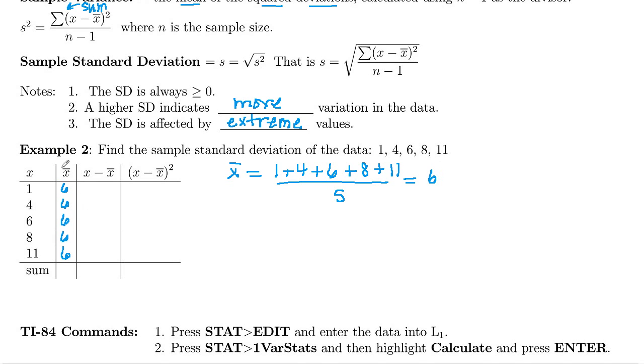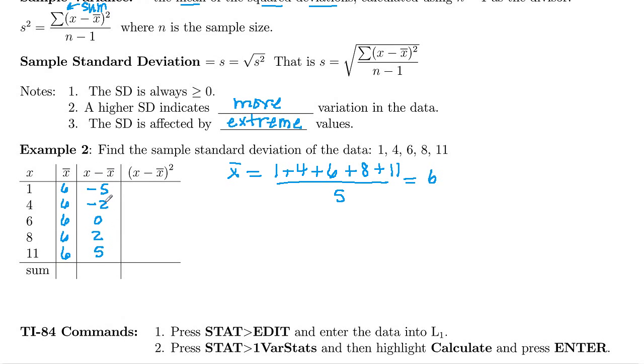And now x minus x bar, we just subtract left to right. 1 minus 6, negative 5. 4 minus 6, negative 2. 6 minus 6, 0. 8 minus 6, 2. 11 minus 6, 5. So those are the deviations.